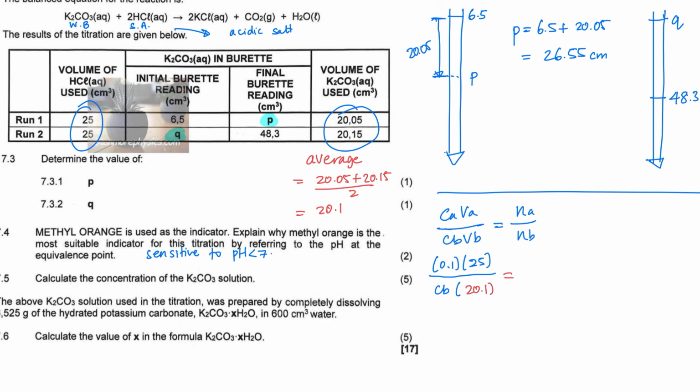And then NA over NB, that's straight from our chemical reaction. So the acid is 2 and the base is 1. It is the mole ratio. And now you can solve for CB. So CB is equal to 0.062 moles per dm cubed.